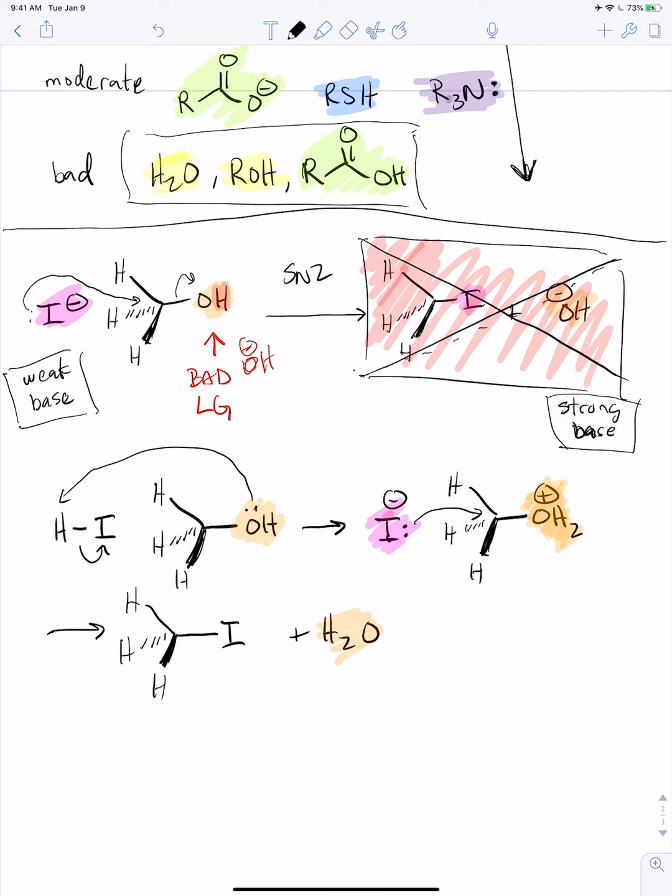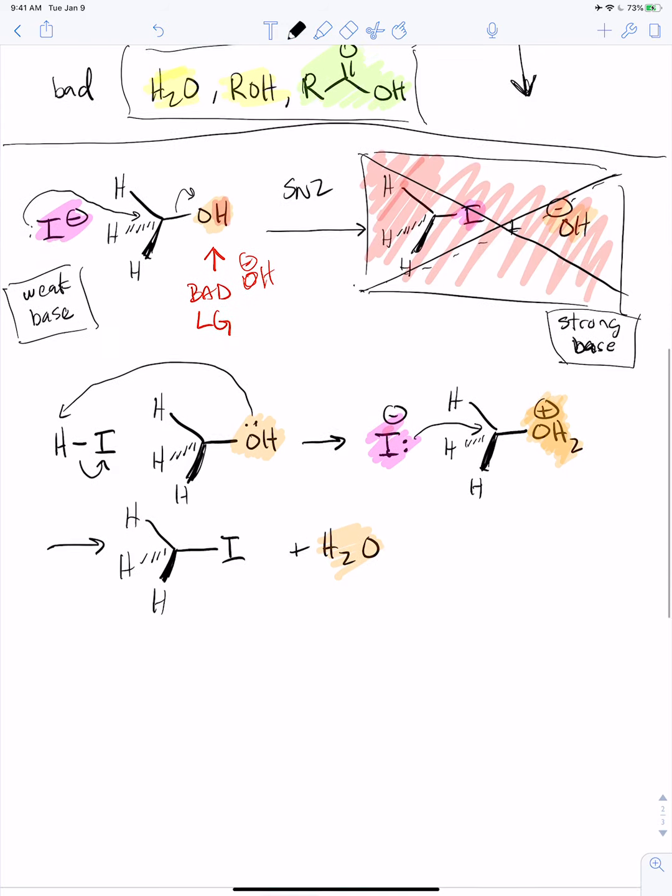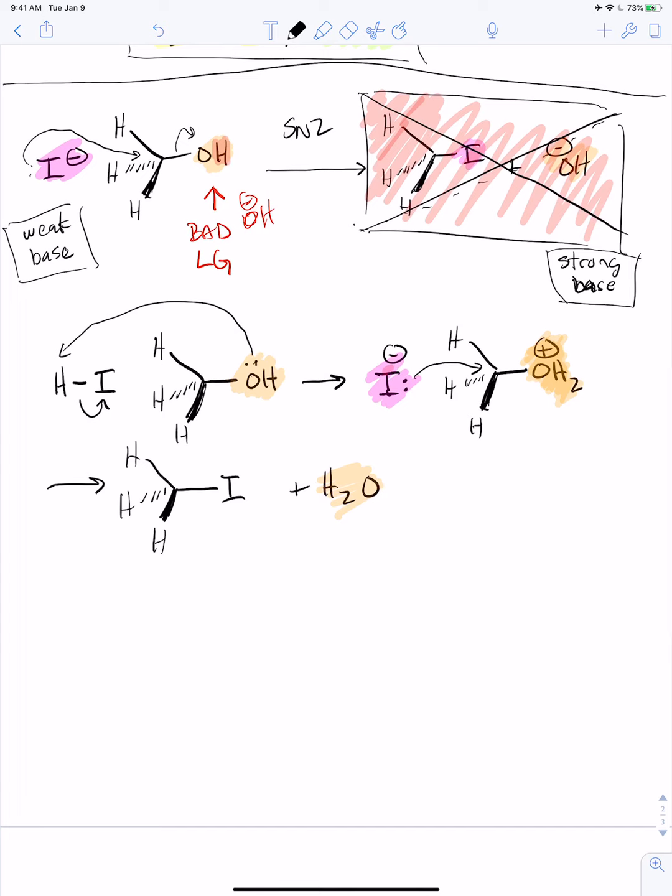And then in the end, instead of having H2O, you would have something like CH3OH come off. I'm going to erase that because I think that's confusing. Okay, so protonating is one way to make it a good leaving group.